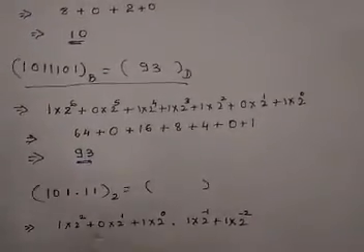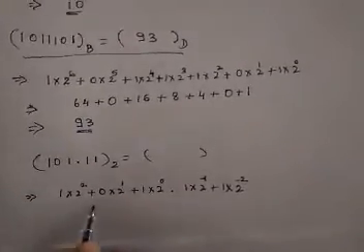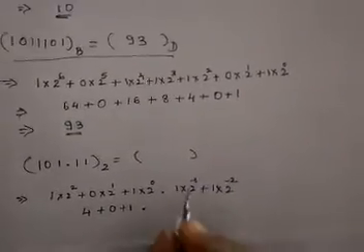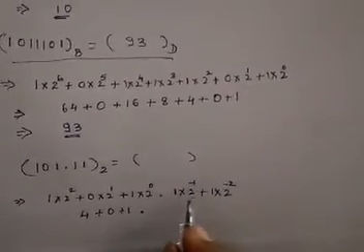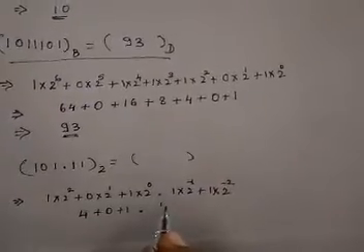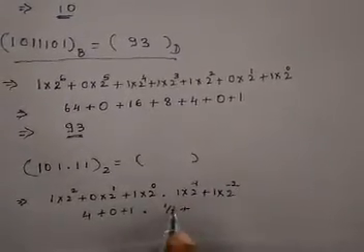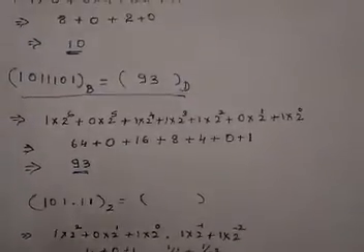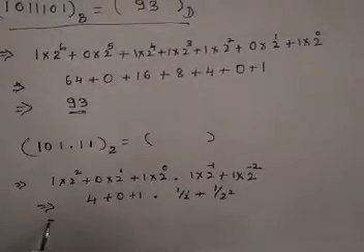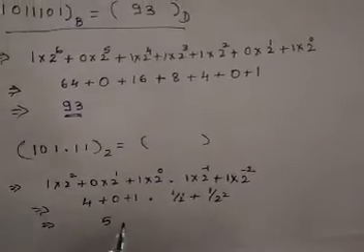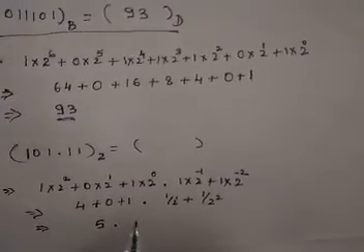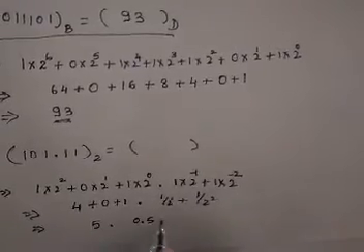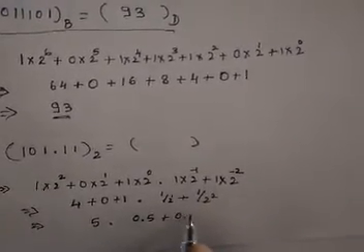Just simplify. 2 power 2 is 4, plus 0, plus 1. Then the point. 2 power -1 is 1 divided by 2 power 1, and 1 divided by 2 power 2, like this. Here I'll get 5 point, 1 divided by 2 is 0.5, 1 divided by 4 is 0.25.